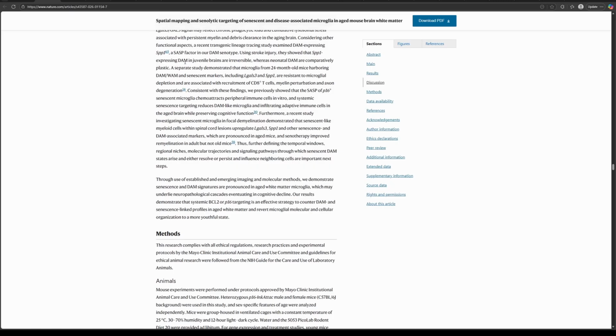They showed that expressing DAM in juvenile brains is irreversible, whereas neonatal DAM is plastic. Interesting. So if this phenotype is expressed in the brain at an extremely early age, the brain can actually adapt to it.